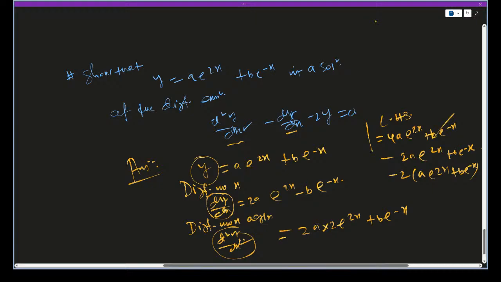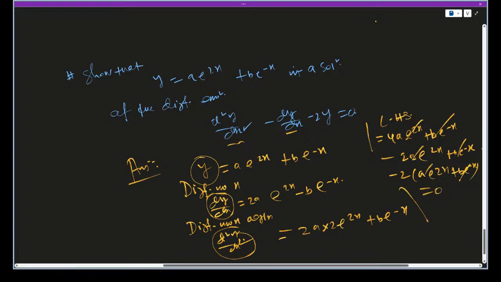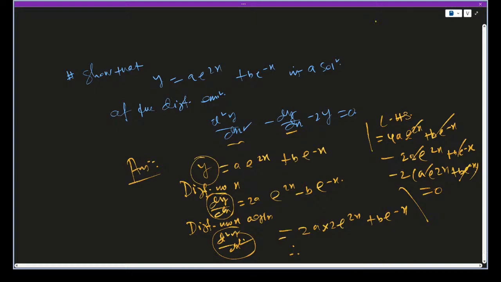Minus 2b to the power minus x, these get cancelled fully. 4a and here twice a get cancelled. So you can state that therefore the given function is a solution to the differential equation.